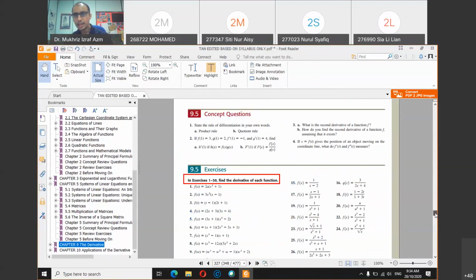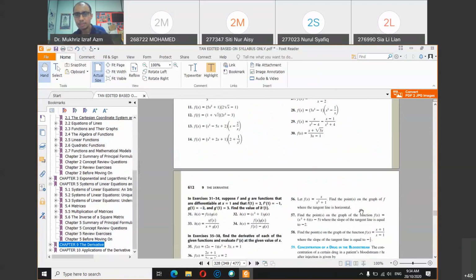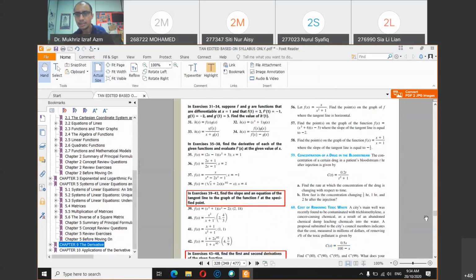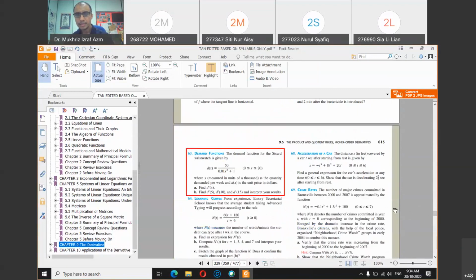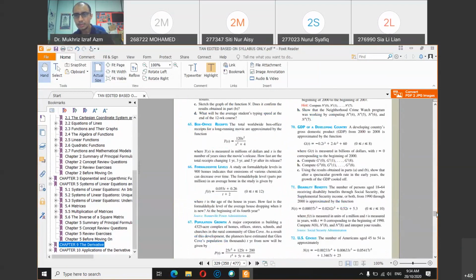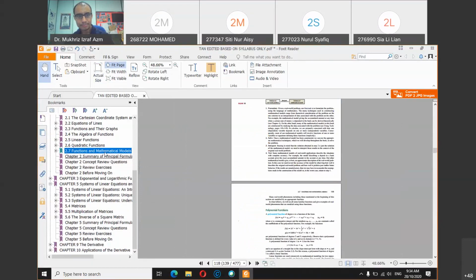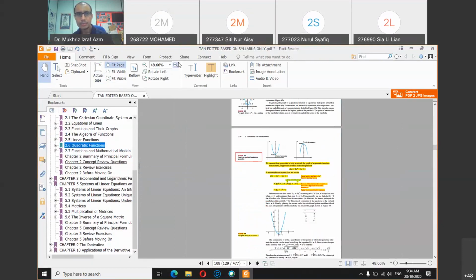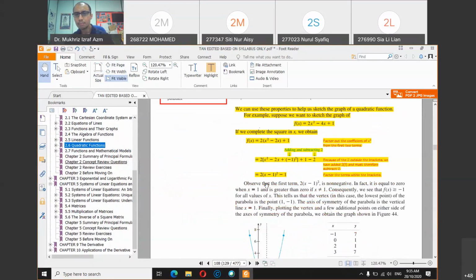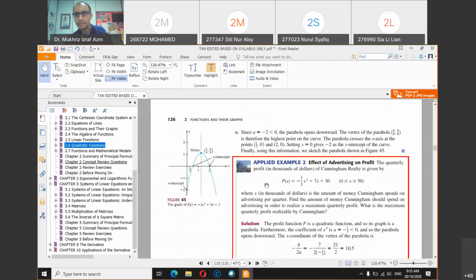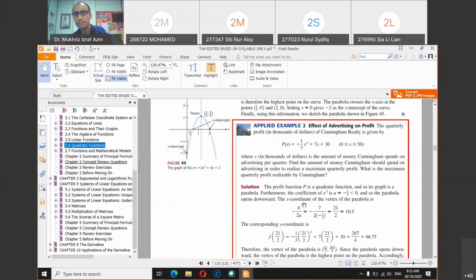I'm sure if you have taken differentiation or pembezaan in your secondary school or your STPM level, you can also find the quantity that maximizes profit using the differentiation concept. But of course, when we are at this chapter number 2, we are going to look at one approach of maximizing profit using negative b over 2a.